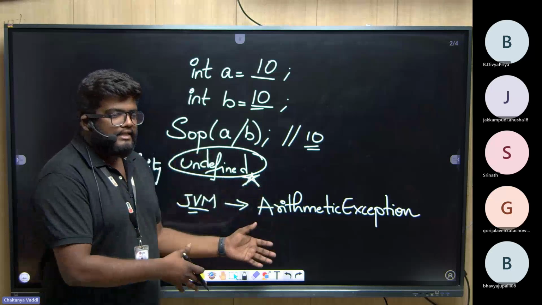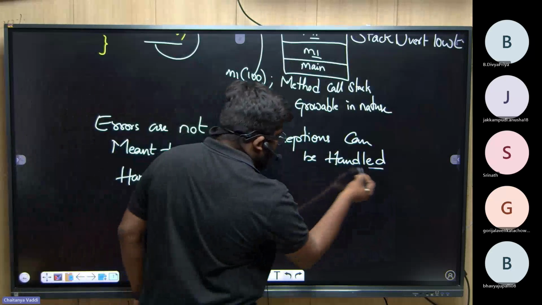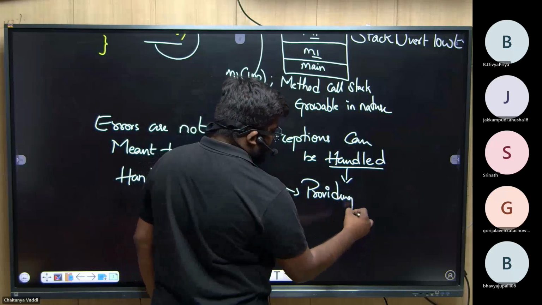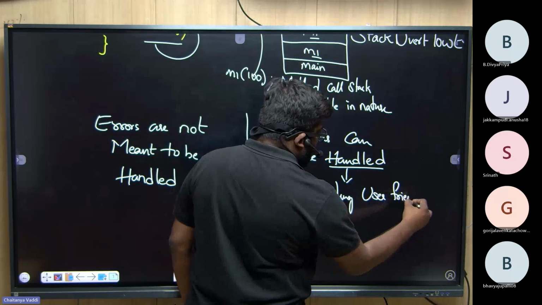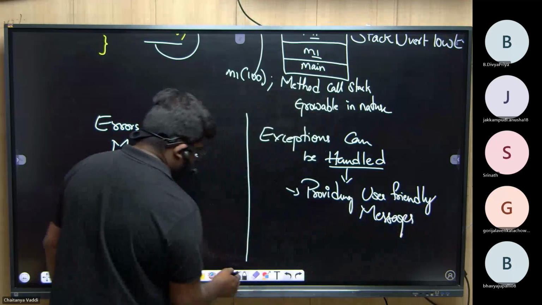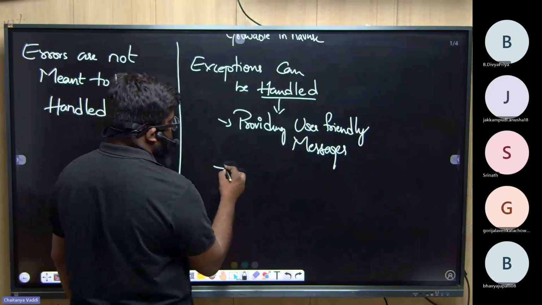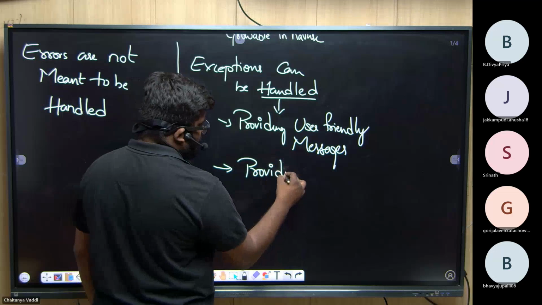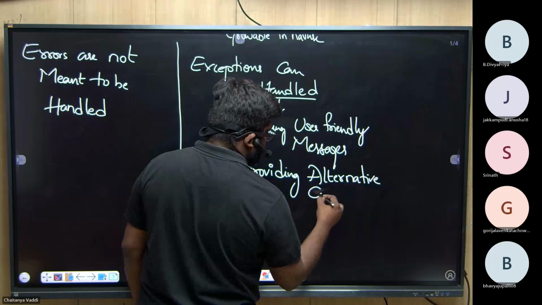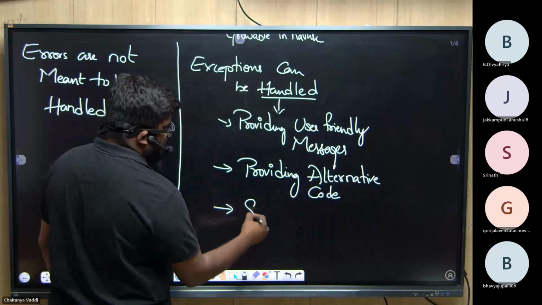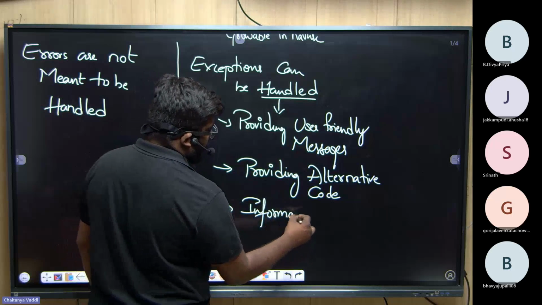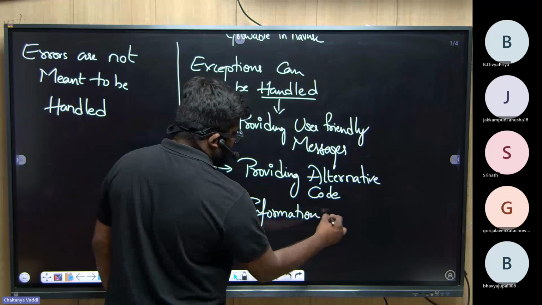All the handling that we can do here is either providing user friendly messages, or providing alternative code, or simply information about the error or exception.